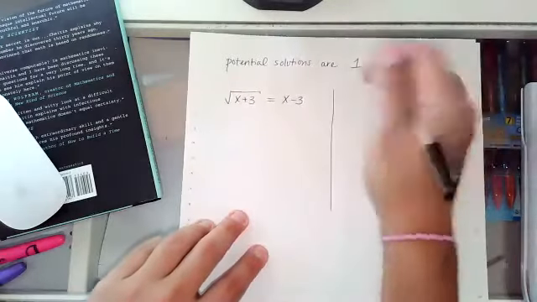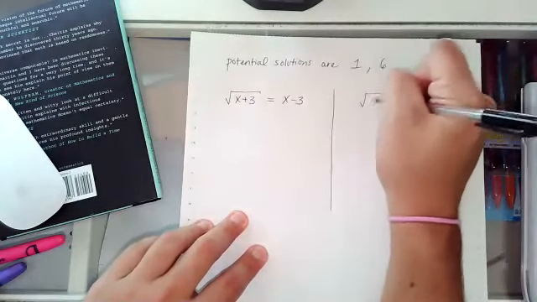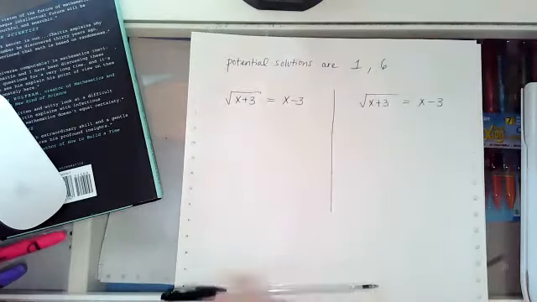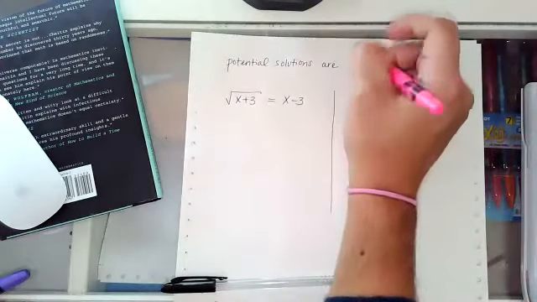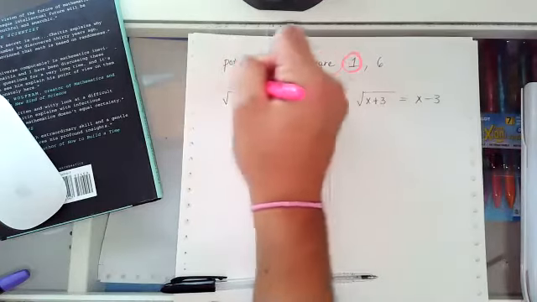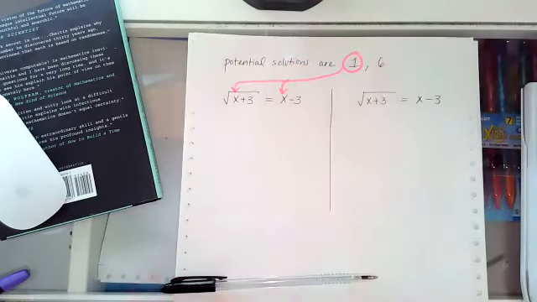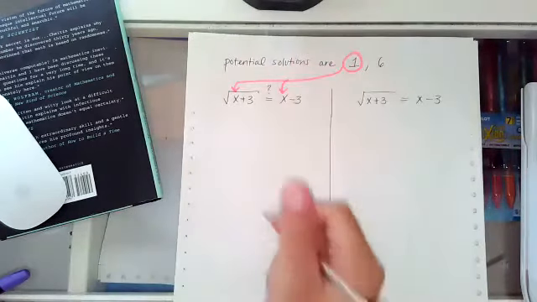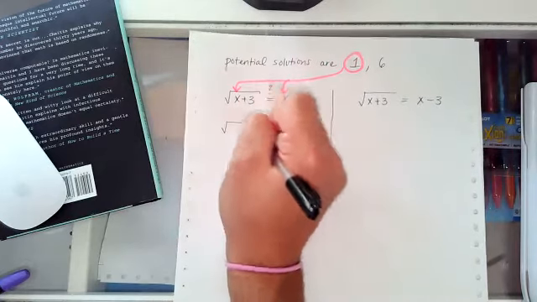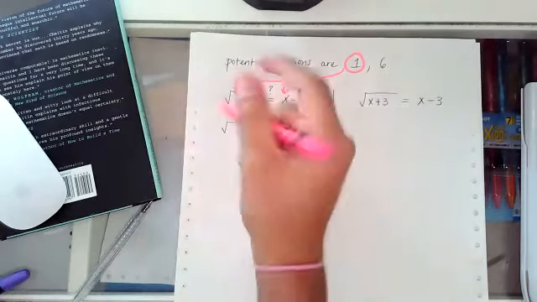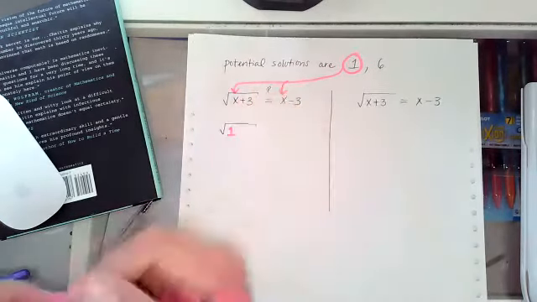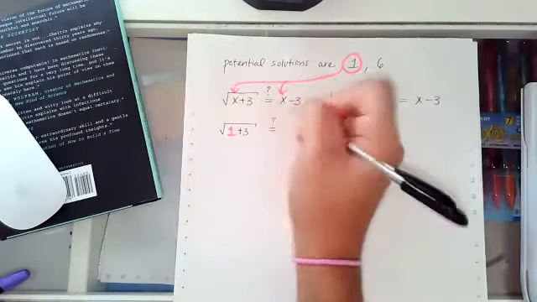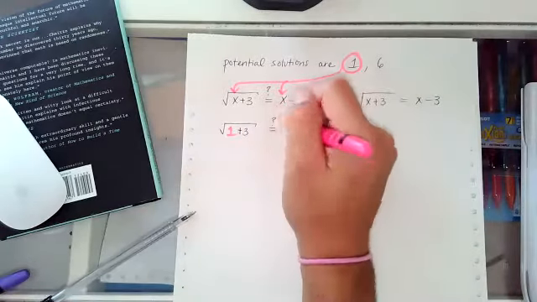We're going to have to check both of these solutions, so I'll write this out twice. First, I'll take my first solution and substitute it in for x, and I'll see if I get a true statement. So I'm taking the square root of 1 plus 3 to see if that's equal to 1 minus 3.